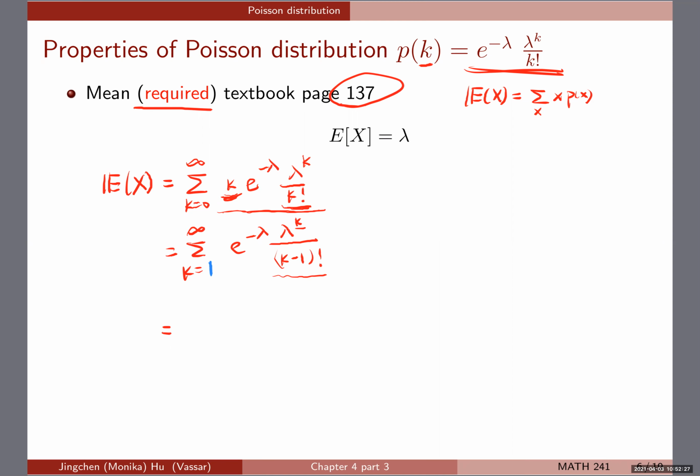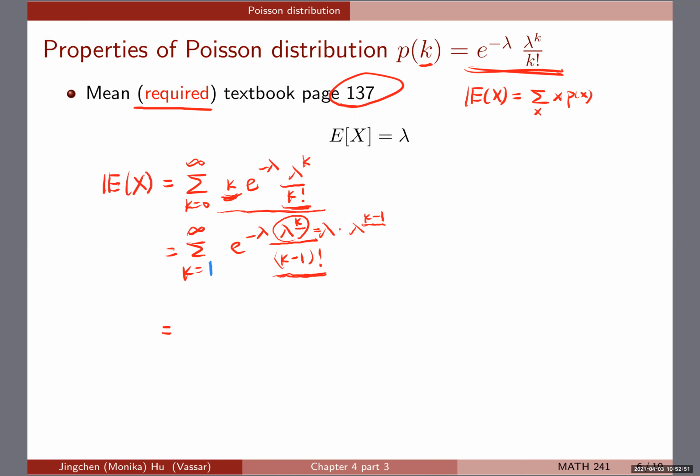One thing we notice is that, even though I have lambda to the power of k in the summation, so k is the thing that is being summed, right? But I can always rewrite this as lambda times lambda to the power of k minus 1. I'm doing this because I'm trying to match below, and then try to use the Taylor series.